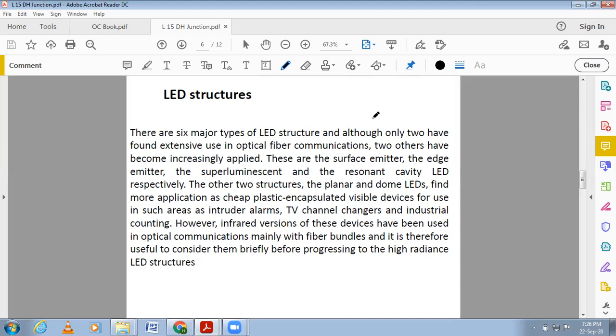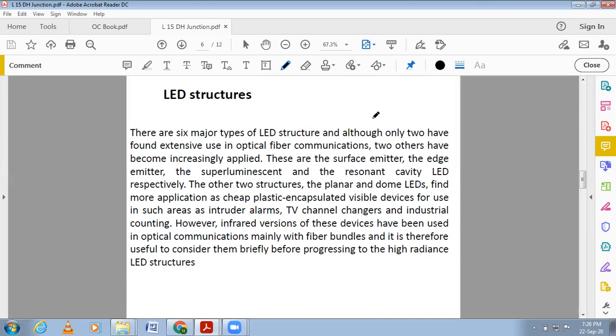According to your syllabus and the book by Senior, there are six different types of LED structures used, and it depends on the application where we use the LED.